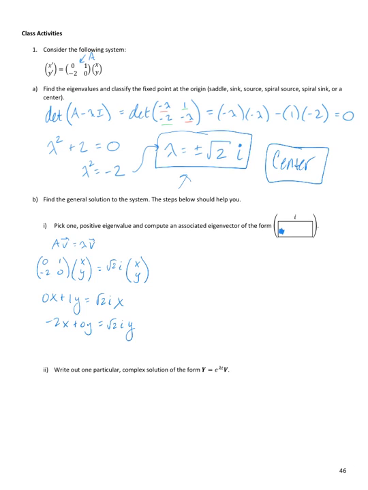I'm going to make my x value i, and get a y value. Let's just take the second equation here. If you make the x value i, you get negative 2i equals root 2i times y. This is nice because there's an i on both sides of the equation, so you can divide that out.